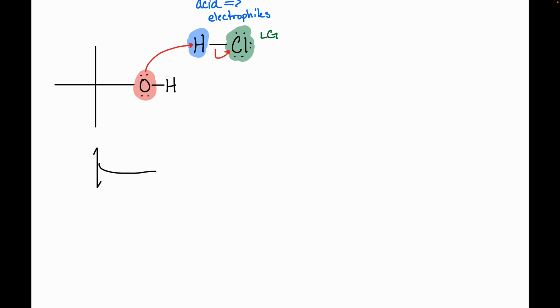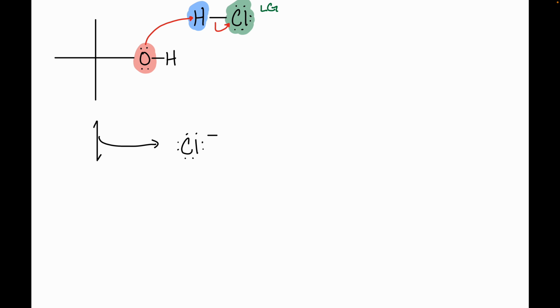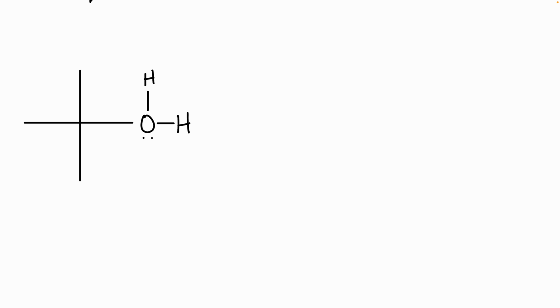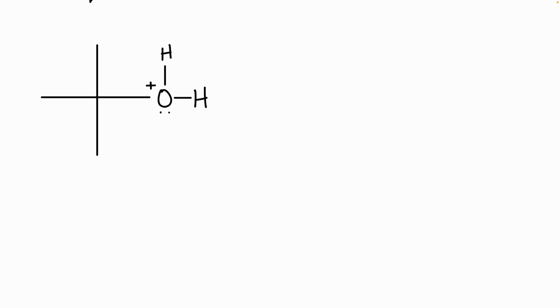So we've kicked off a chloride ion. And this was what? Bond formation, bond breaking, or both? What arrow is this? Bond formation. So let's create a new bond between oxygen and hydrogen. And what else am I missing from this intermediate? That positive charge on that oxygen. It's got those 3 bonds. Remember back to our bonding patterns.